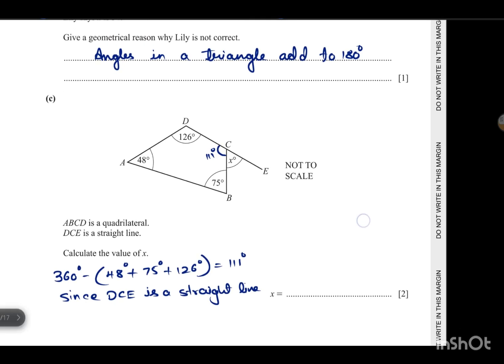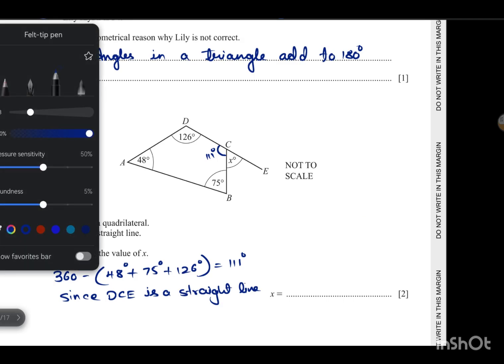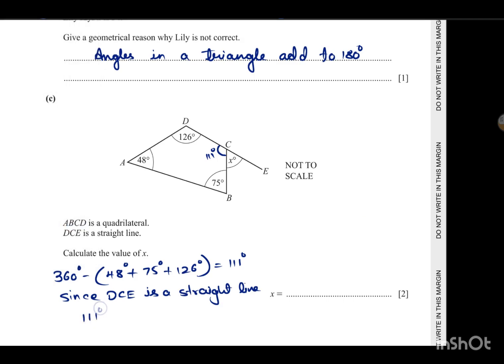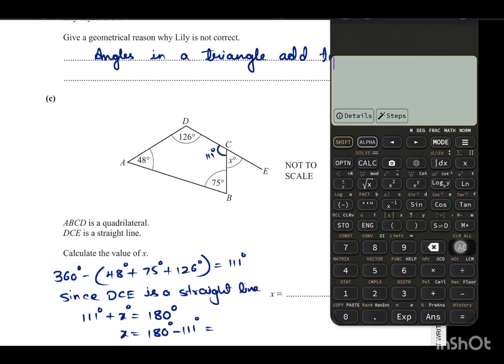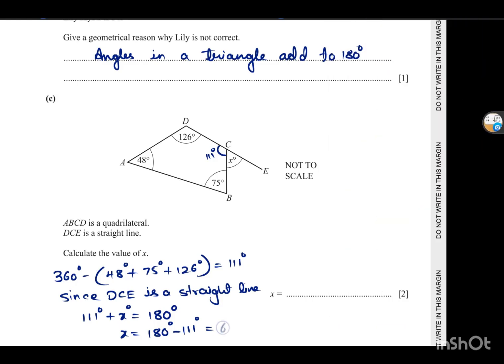So x will be 180 minus 111. So x is equal to 180 minus 111. You can find out 69. The answer is 69.